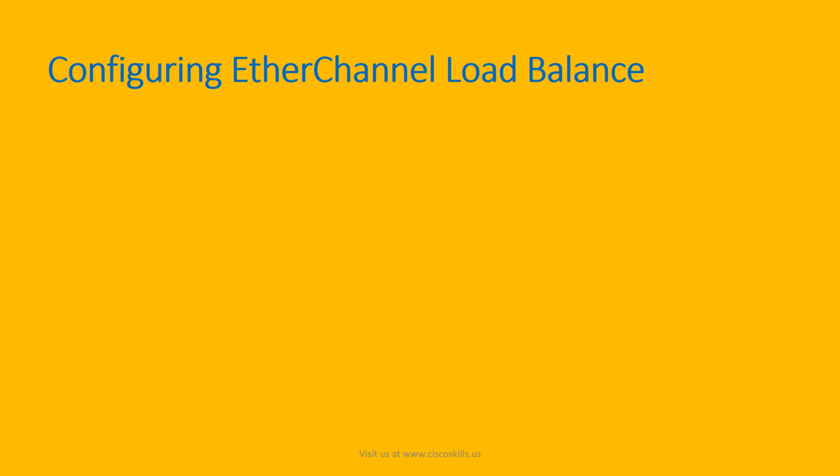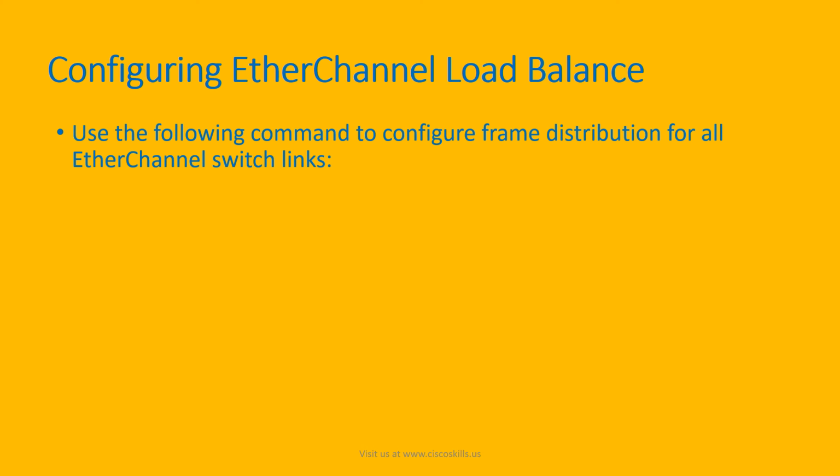Configuring EtherChannel load balance. We should use the following command to configure the frame distribution for all EtherChannel switch links. So it means there's no way we can configure individual load balancing methods for a set of links or a subset of links. It is configured at the global switch configuration level.